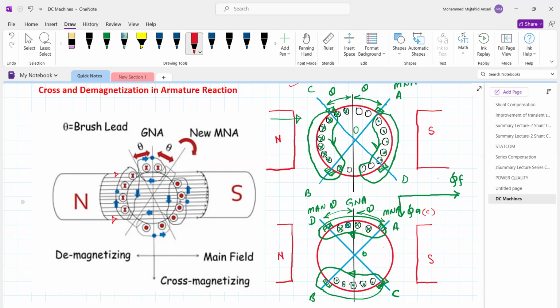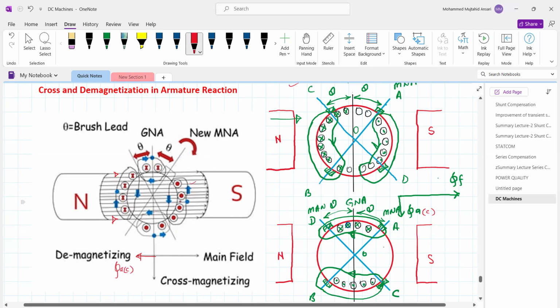So these conductors are producing magnetic flux opposite to the main magnetic flux. This is called the demagnetizing armature MMF, or armature flux. We can represent it as phi A. It is the armature magnetic flux, but it is the cross magnetizing.